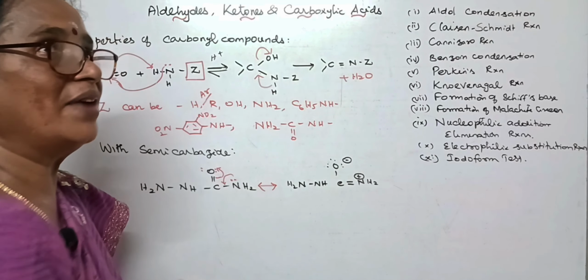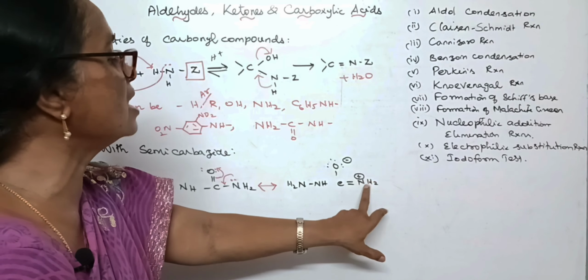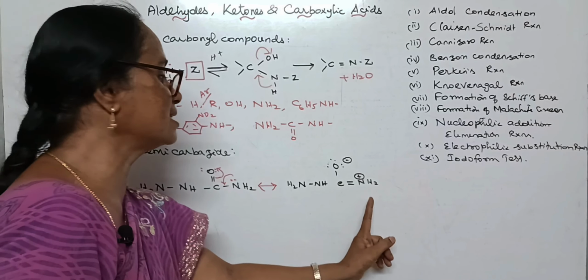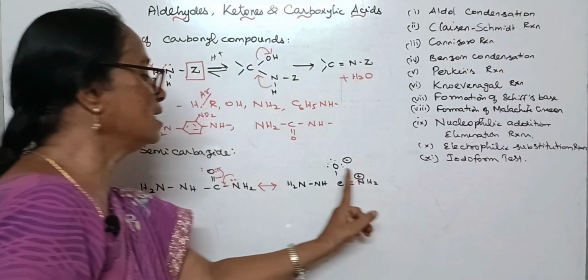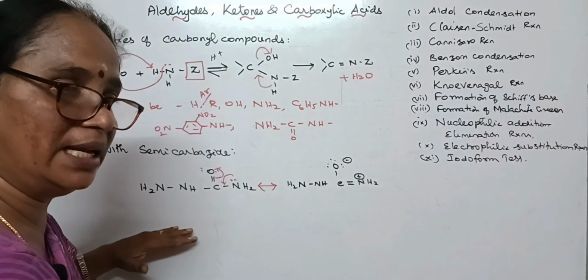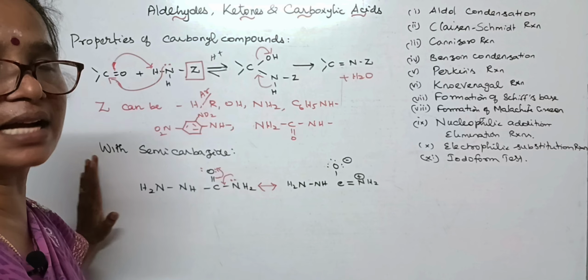So the availability of the lone pair of electrons on this nitrogen is reduced, and hence the NH2 group which is in conjugation with the carbonyl group does not take part in the nucleophilic addition reaction with aldehydes or ketones.